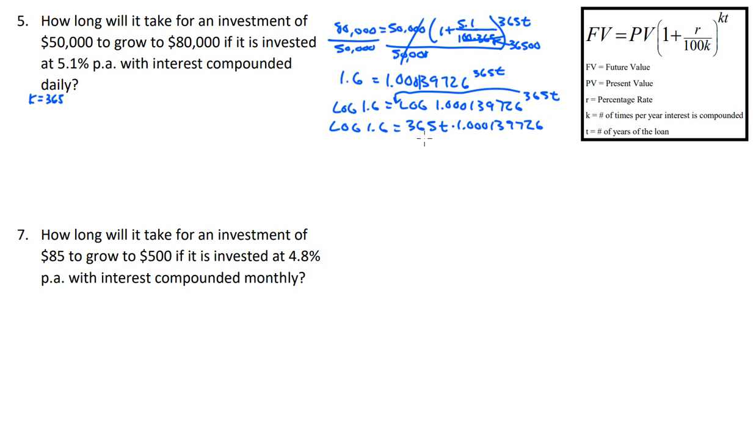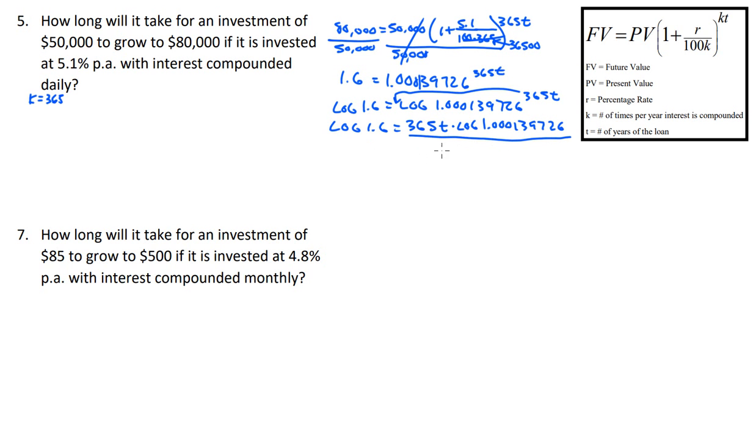To get the 365t by itself, we want to divide by, oh, I forgot the log part. So that's 365 times log 1.000139726. I know it seems ridiculous to write that number out, but it will have an impact on your answer if you just go to a few digits.